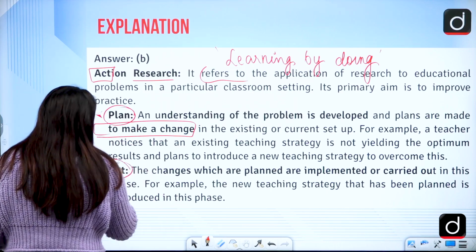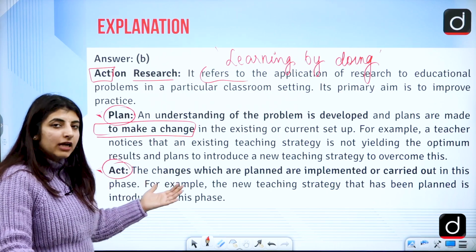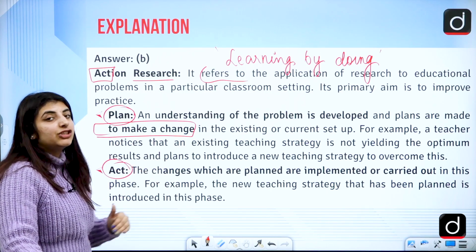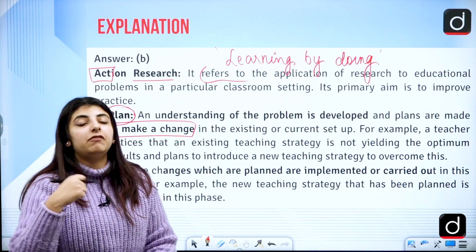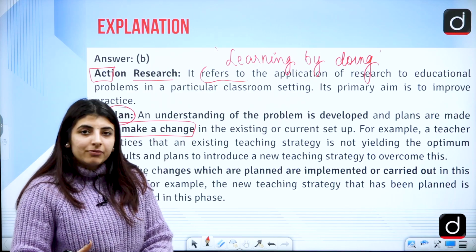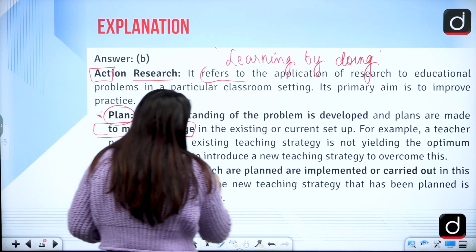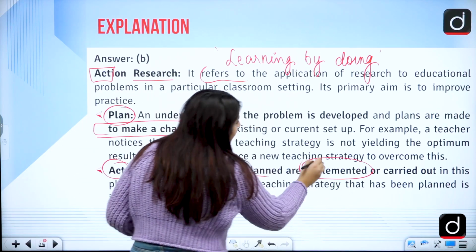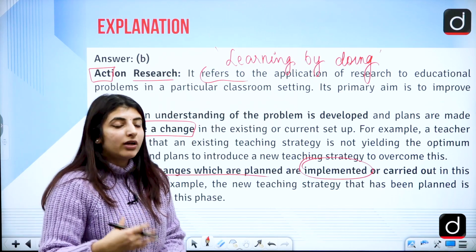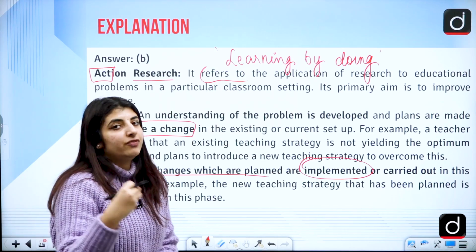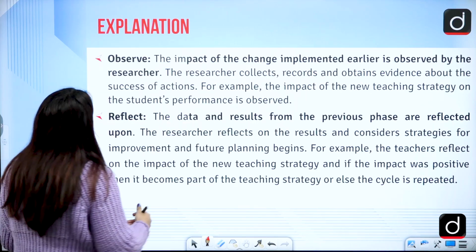For using those other methods, she'll have to act. So from traditional methods, she will move forward with certain other methods, using flashcards for the revision part. The changes which are planned are implemented or carried out. So she will conduct the new class with a new teaching method.